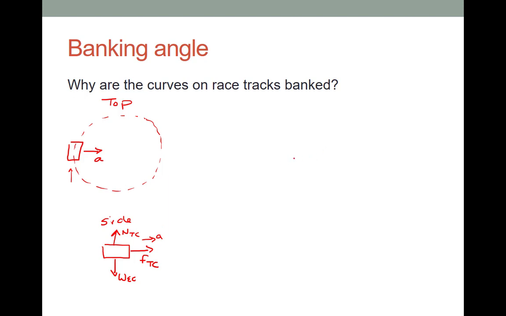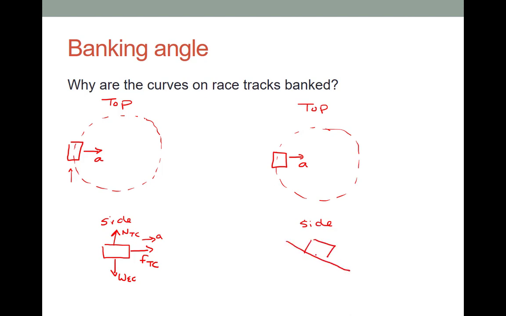If we think about a banked track, the top view looks exactly the same. You have your circular track, you have your car on the circular track, acceleration, and now if I look at what I called a side view, but probably should be called a front view, the track is now slanted.